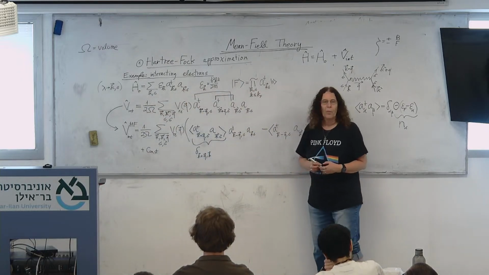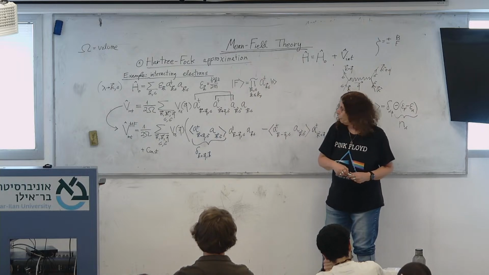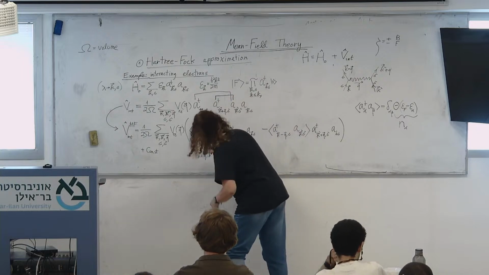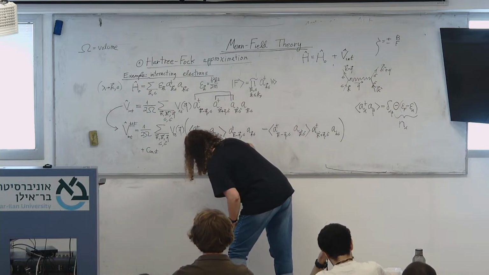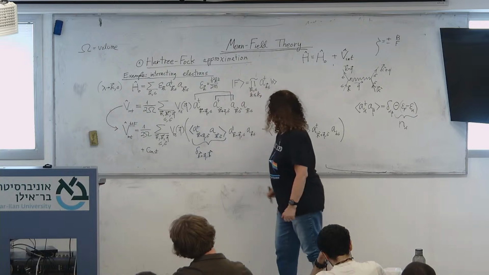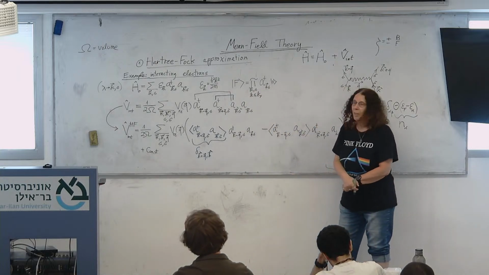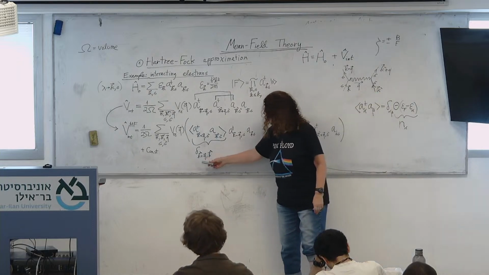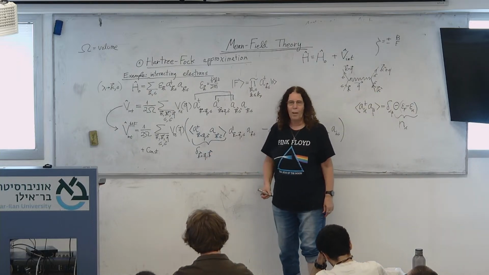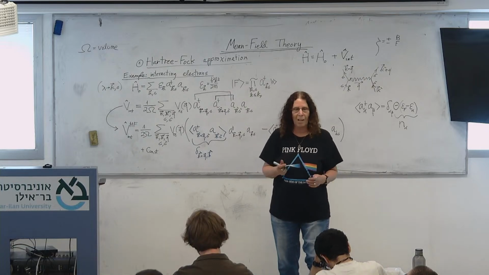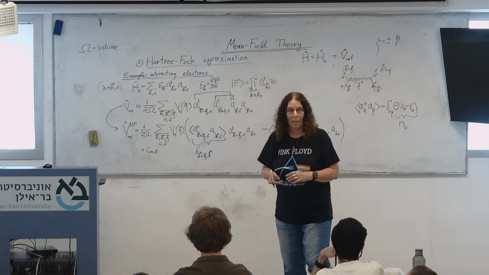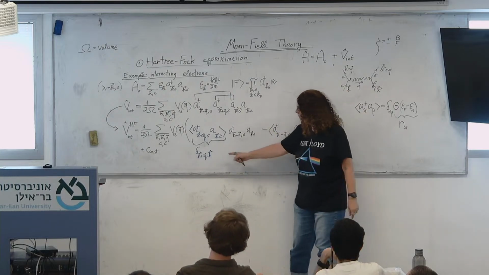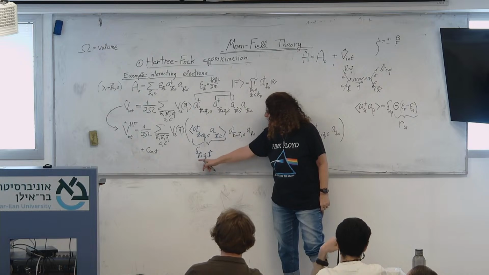That's supposed to be k prime. Sorry, yes, thank you. Both of them are k prime. But actually it doesn't matter, because this delta in principle should constrain your indices and reduce the sum over k prime and q. But when is this delta satisfied?